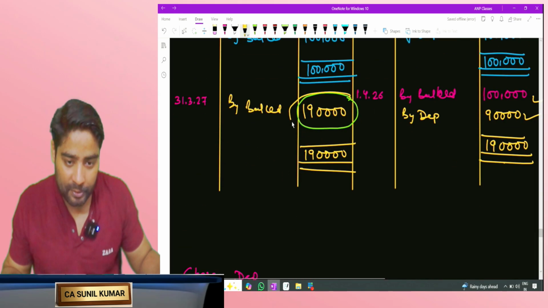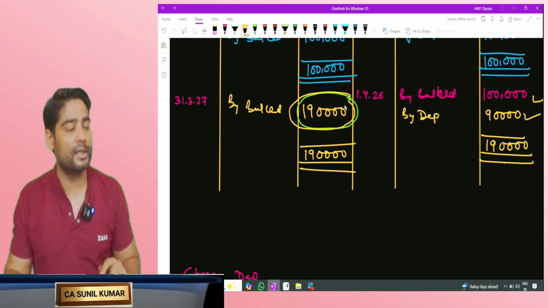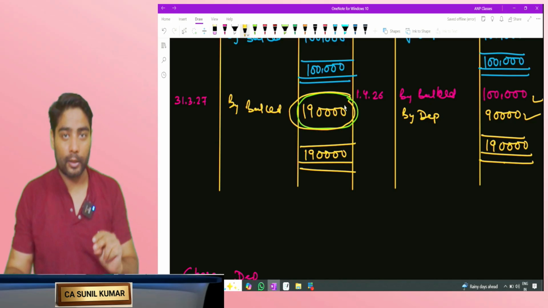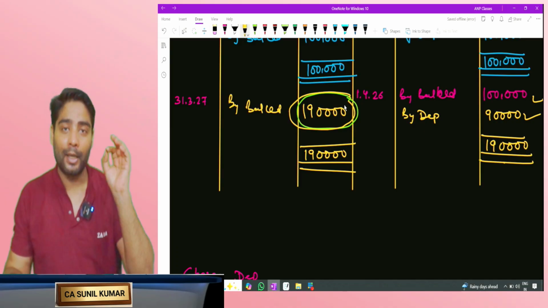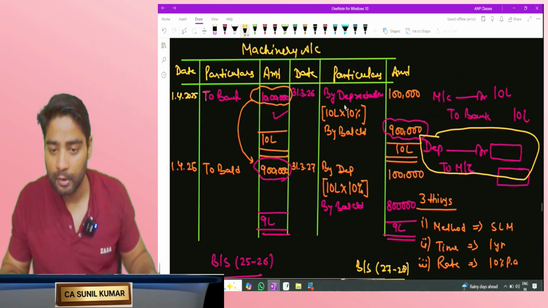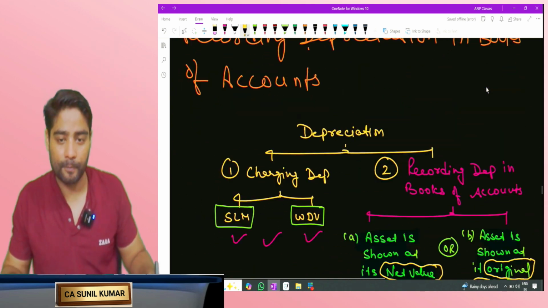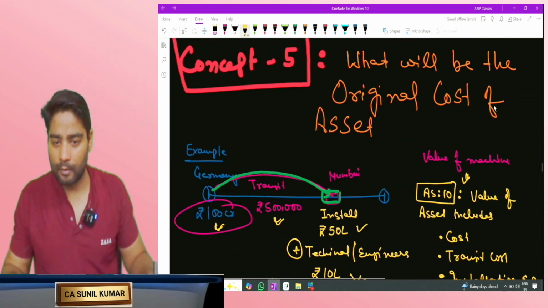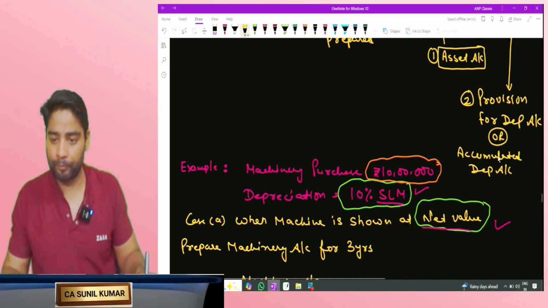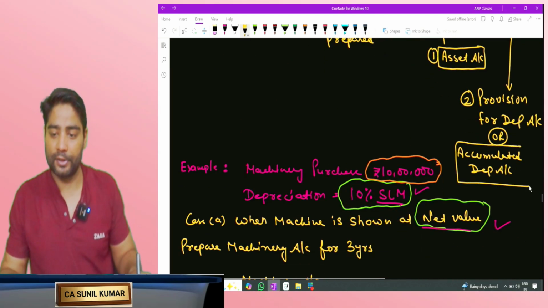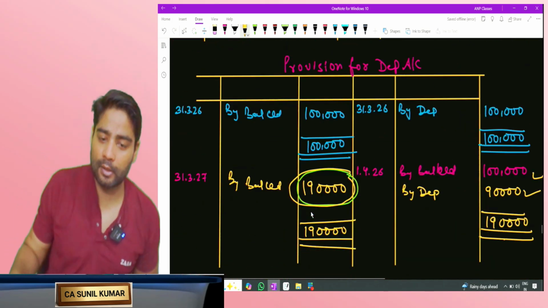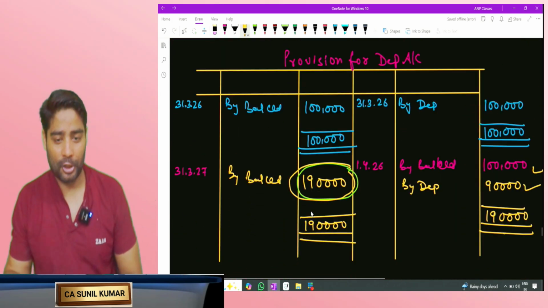So the total depreciation for years 1 and 2 is 1,90,000. Therefore it is also called the accumulated depreciation account. Easy. Have you understood all of this?